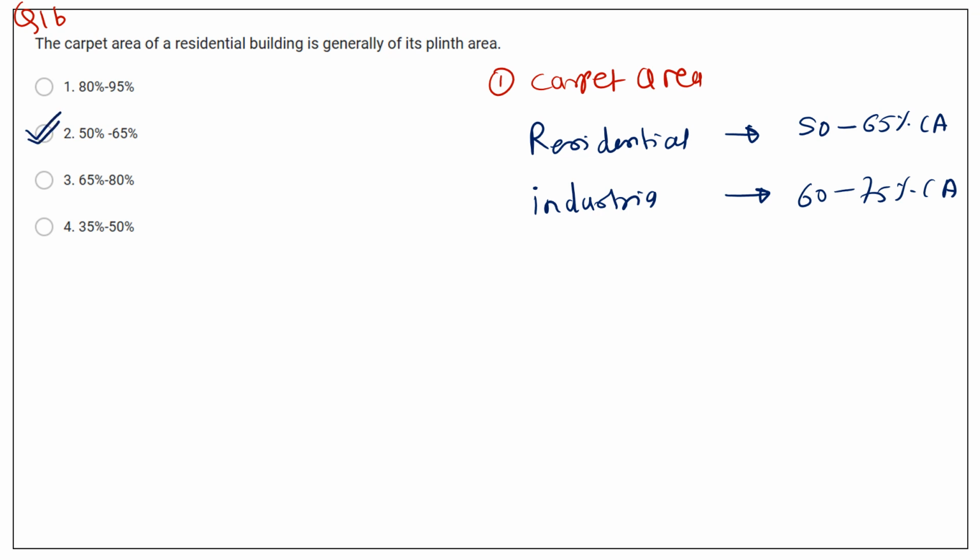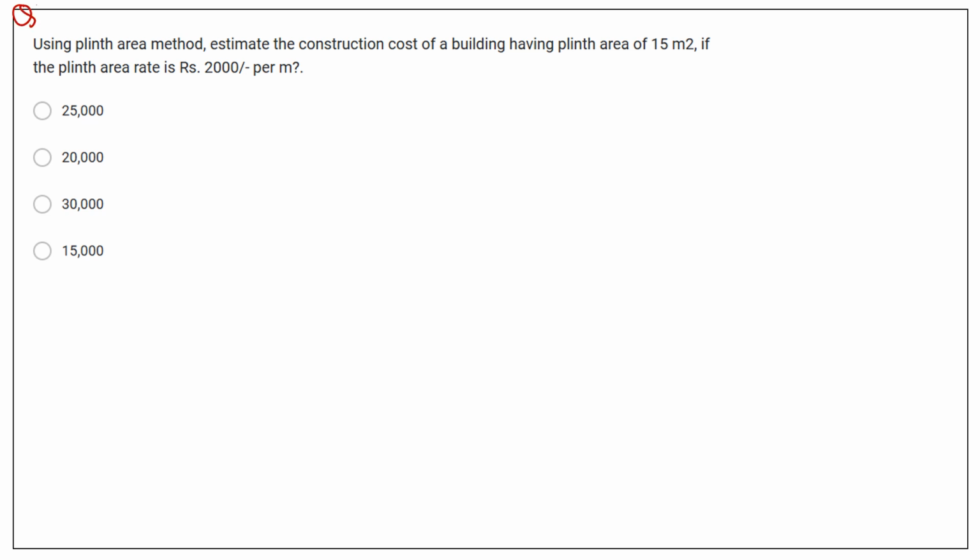The next question, question number 17. Using the plinth area method, estimate the construction cost of a building having plinth area 15 meters square if the plinth area rate is 2000 per meter square.